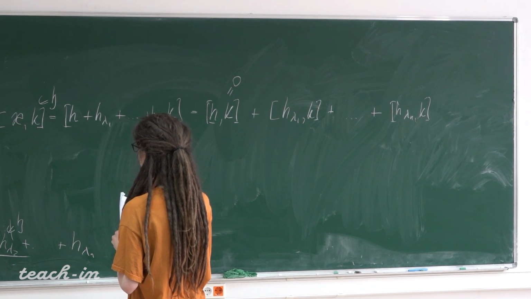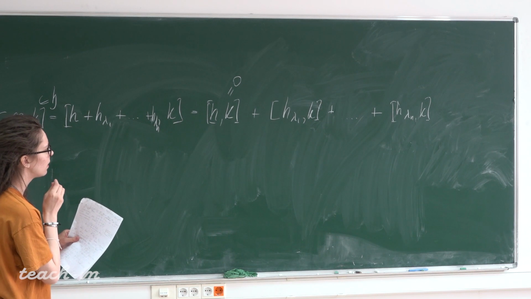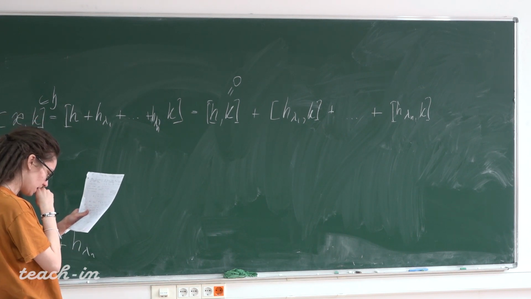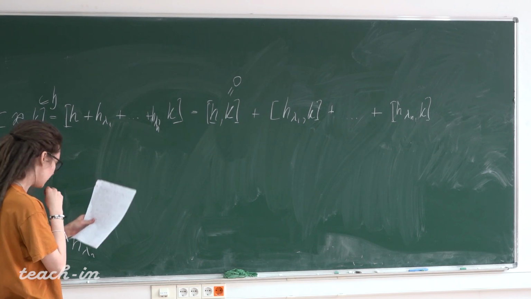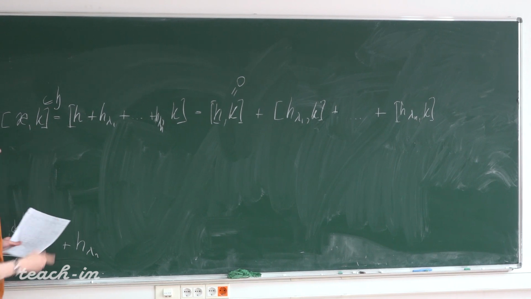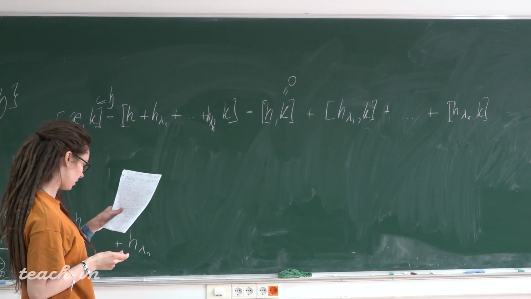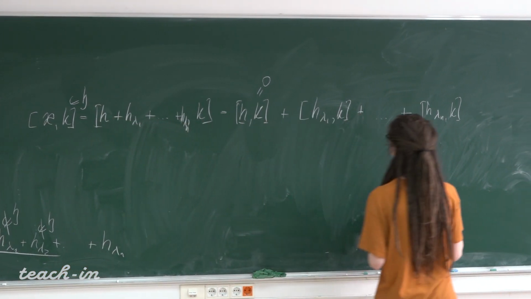K lives in H and h lambda 1 lives in g lambda 1. So h lambda 1 is an eigenvector of k, with which eigenvalue?